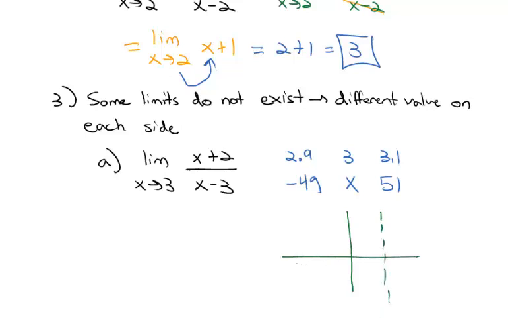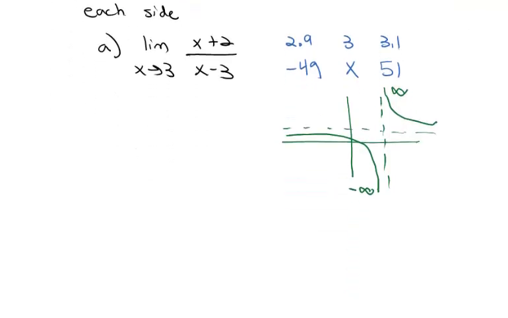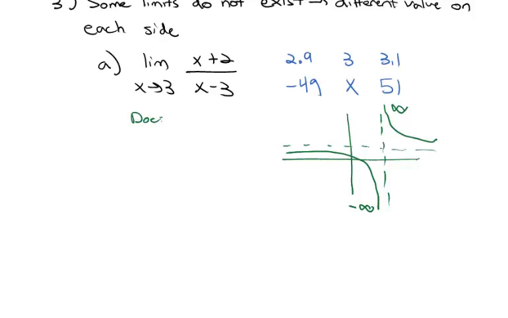And the graph is going to have a horizontal asymptote at 1. The graph is going to go down to negative infinity on the left and up to positive infinity on the right. They're going different directions. And because they're going different directions, we will say that the limit does not exist, because they are not going to the same final solution.